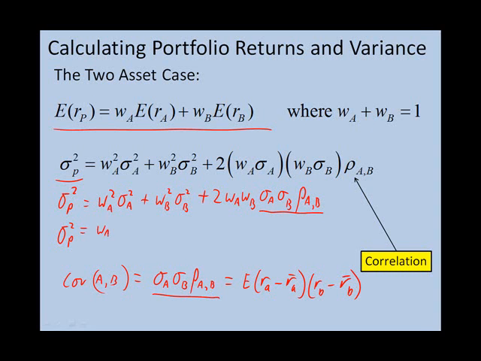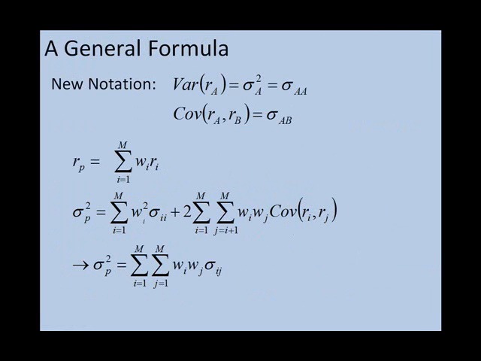So we get WA squared times sigma squared A plus WB squared times sigma B squared plus 2 times WA times WB times the covariance between A and B. We're going to use this adjustment and propose a new general formula.